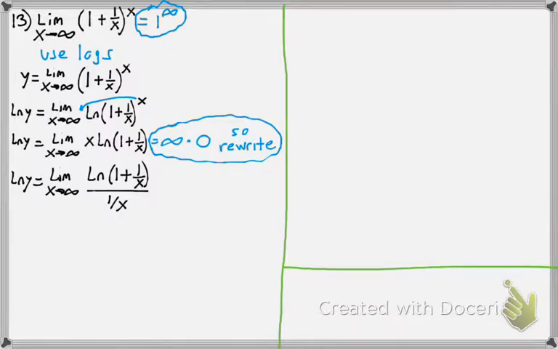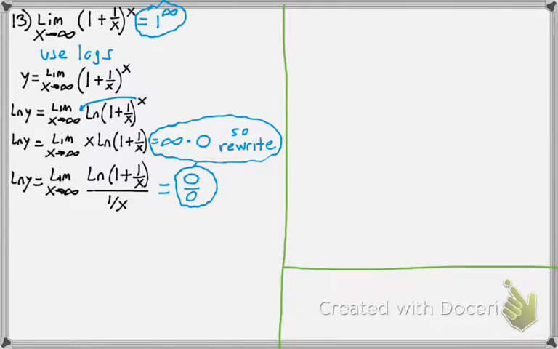This is something we can algebraically do, and we're doing it because if you plug in the limit, this is now 0 over 0, which is the indeterminate form that we like to deal with because we can use L'Hopital's rule on that.